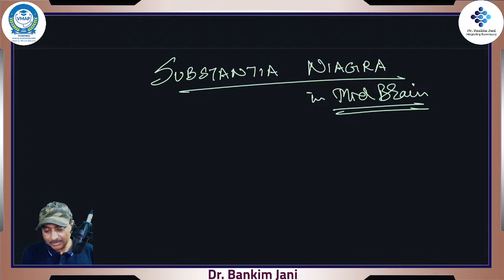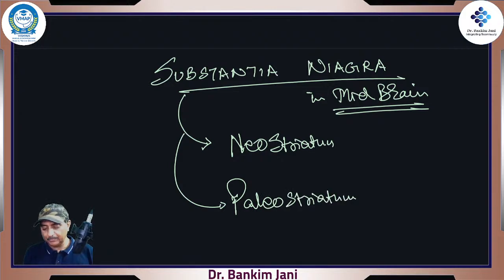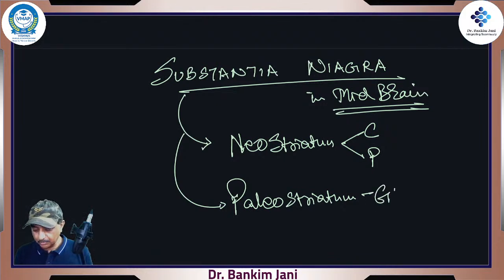So this substantia nigra connects with the neostriatum, and it also talks with the paleostriatum. Neostriatum is the caudate and putamen, and paleostriatum is the globus pallidus.